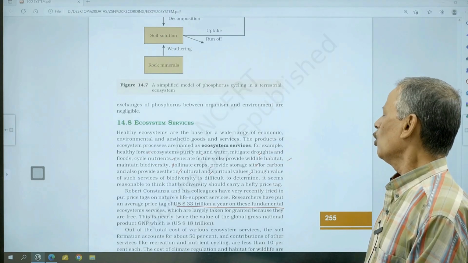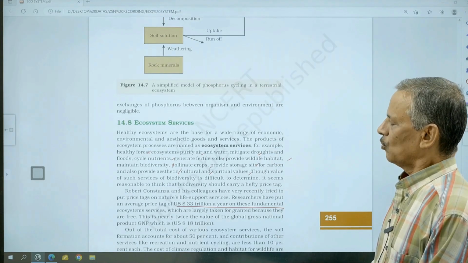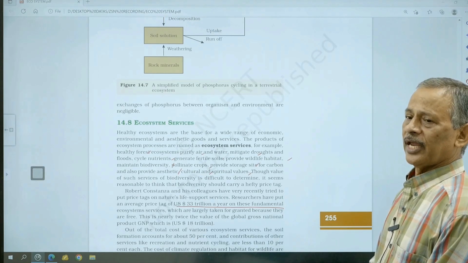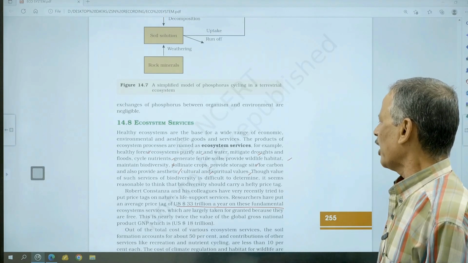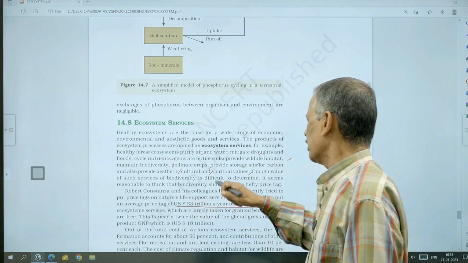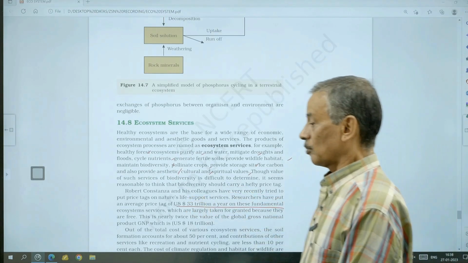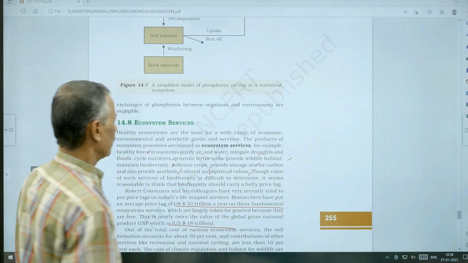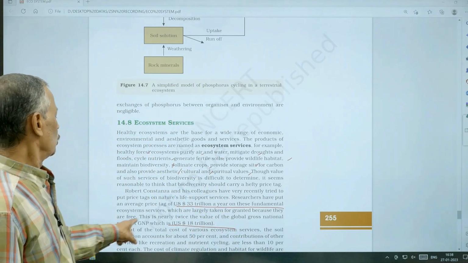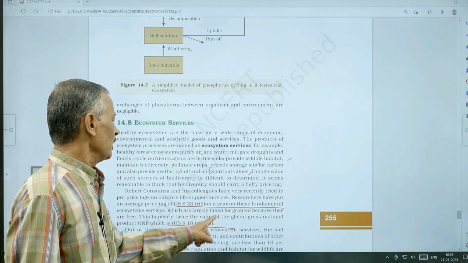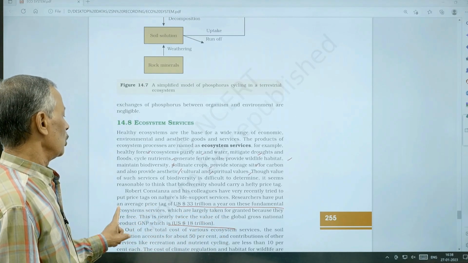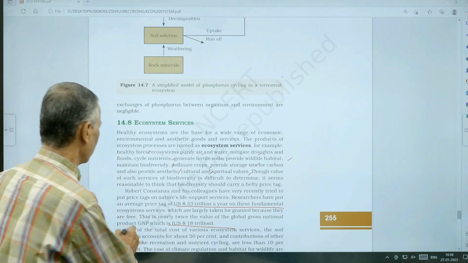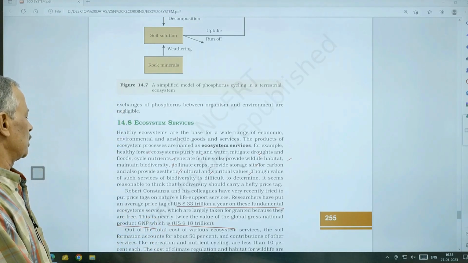But anyhow, for the most important fundamental functions, Constanza has put a price tag and the total value will be 33 trillion American dollars. Remember that it is almost double the value of global gross national product, GNP, of the entire world countries together.